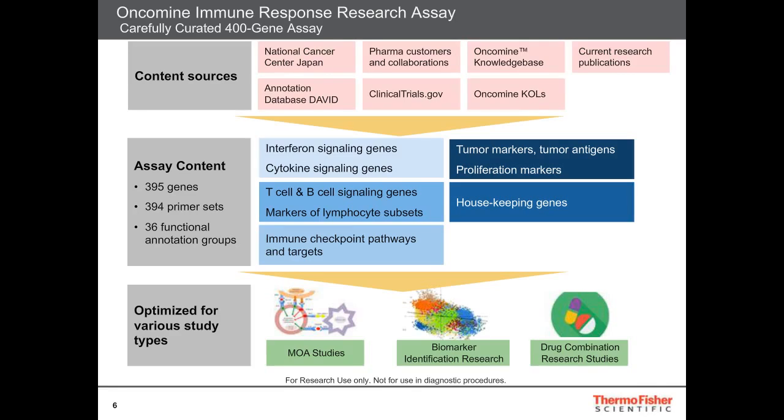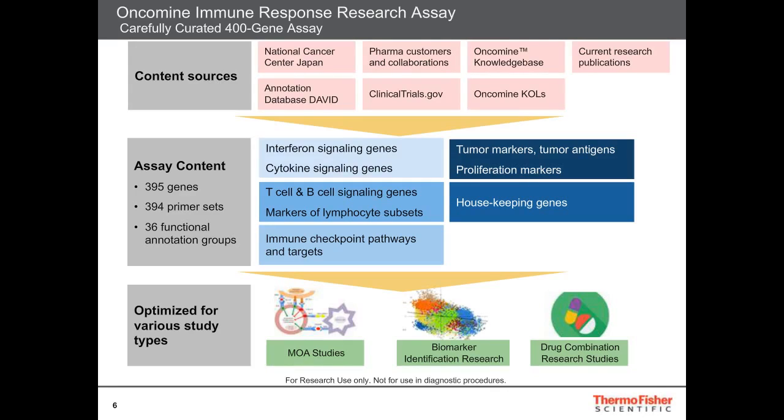We appreciate the suggestions and consulting from our collaborators, including National Cancer Center Japan, various pharma collaborators, a range of other Oncomine key opinion leaders, and in addition sources such as the annotation databases like David, the Oncomine knowledge base, clinicaltrials.gov, and of course a careful reading of the current literature.